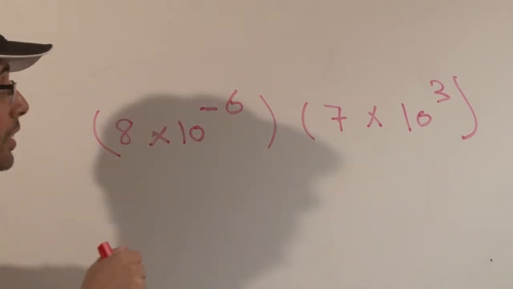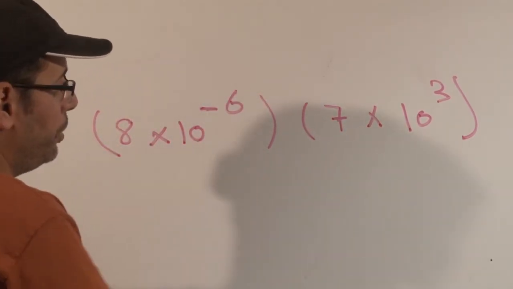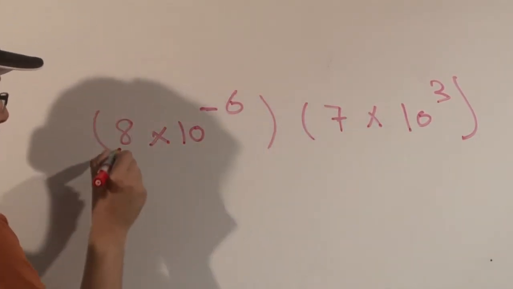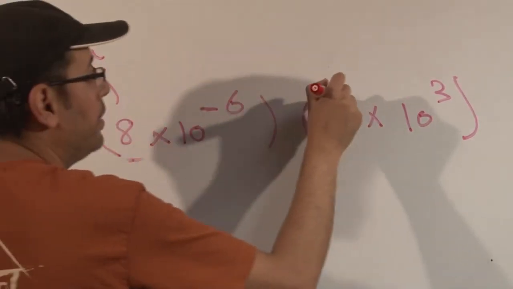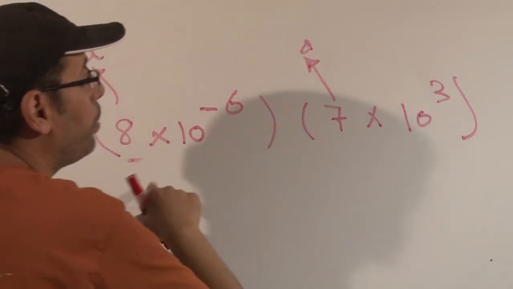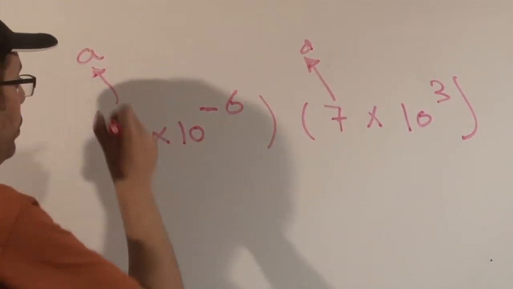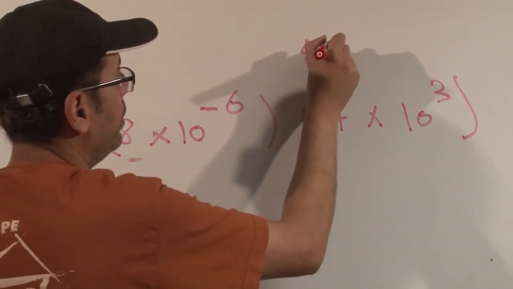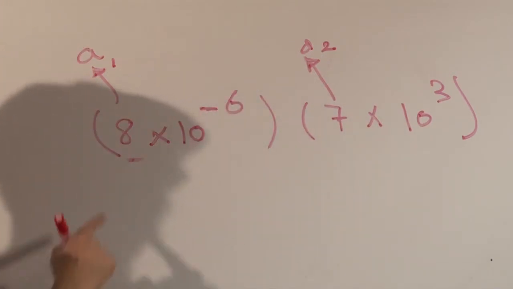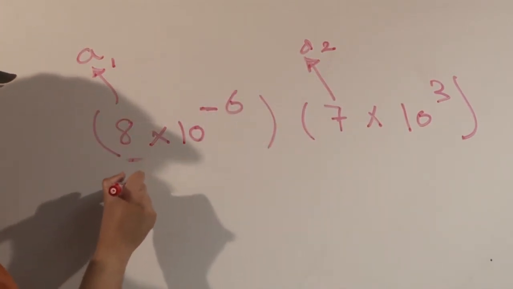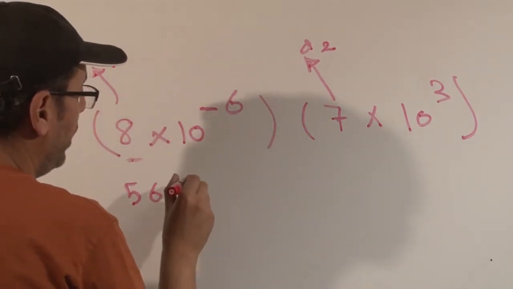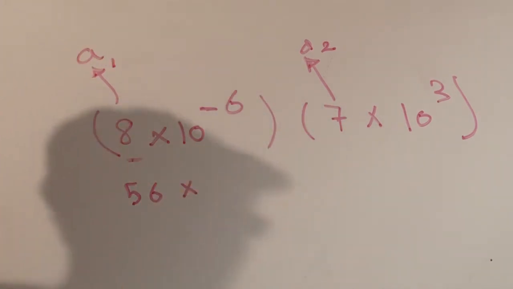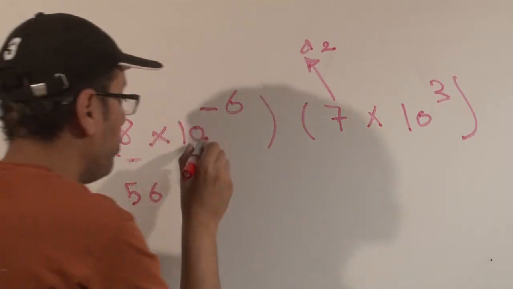The second thing is, how could I multiply that? First thing, I have to multiply the A's together. So let's call this A1, and this is A2. So 8 times 7 is 56 times what? Let's multiply this.